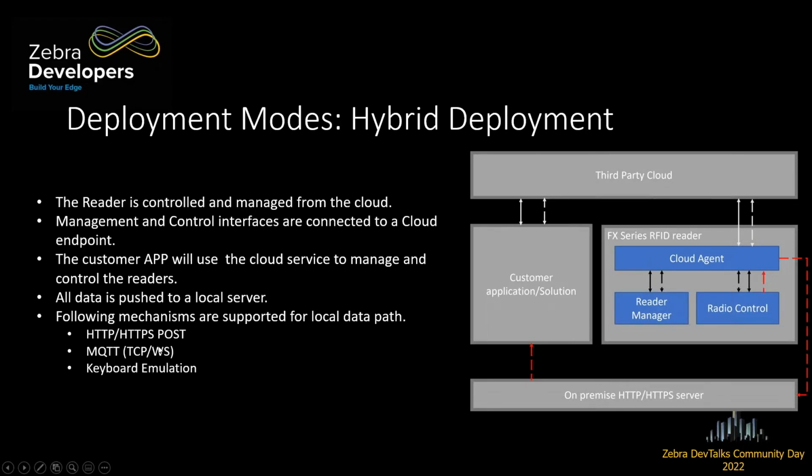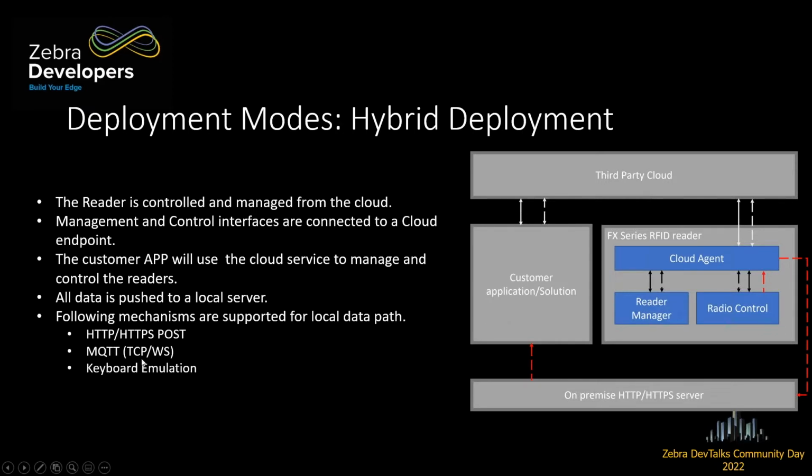MQTT over WebSockets is usually preferred by some corporate IT departments, because that provides the ability to send data over port 80, and if it is MQTT over secure WebSockets, you can send data over port 443, which is the standard HTTPS port, and that is usually favored by most IT departments, because then they don't have to open up additional ports.